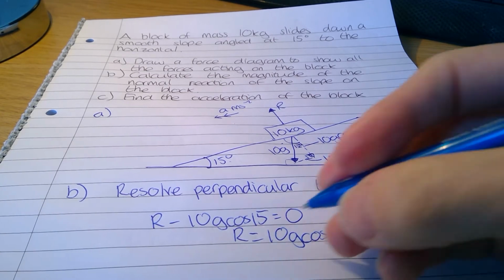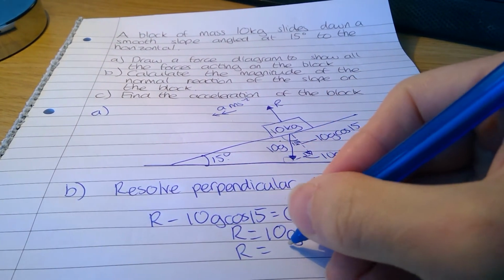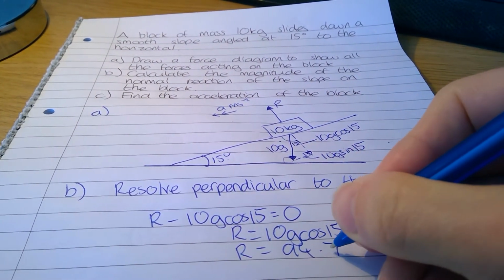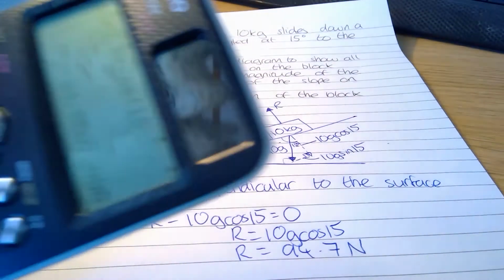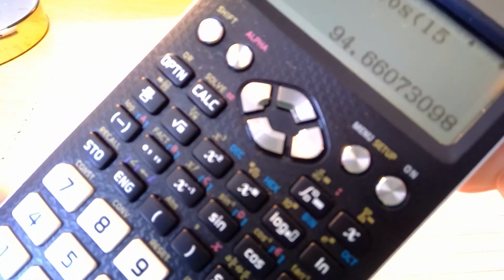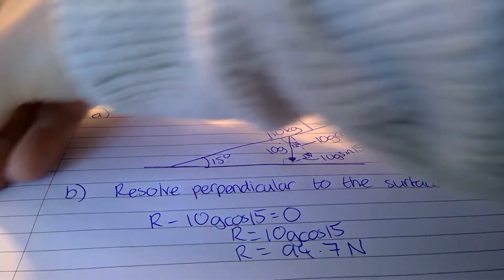And then we can calculate that to be R is 94.7 newtons. I'm just going to leave my calculator display with that number on because I'm going to be using that number later. If you leave that on, then you're not going to lose your accuracy.